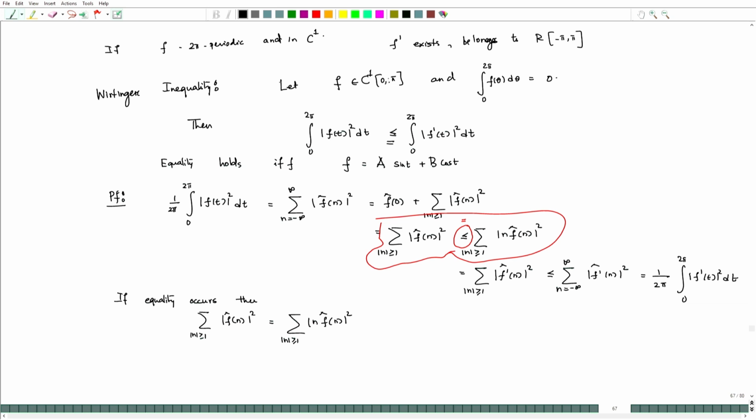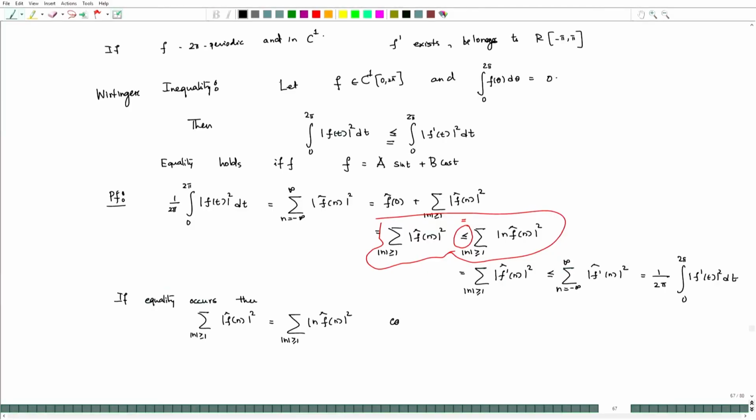So, now as you can see, for |n| greater than 1, this term |f hat of n| squared is strictly less than |n| times |f hat of n| squared.